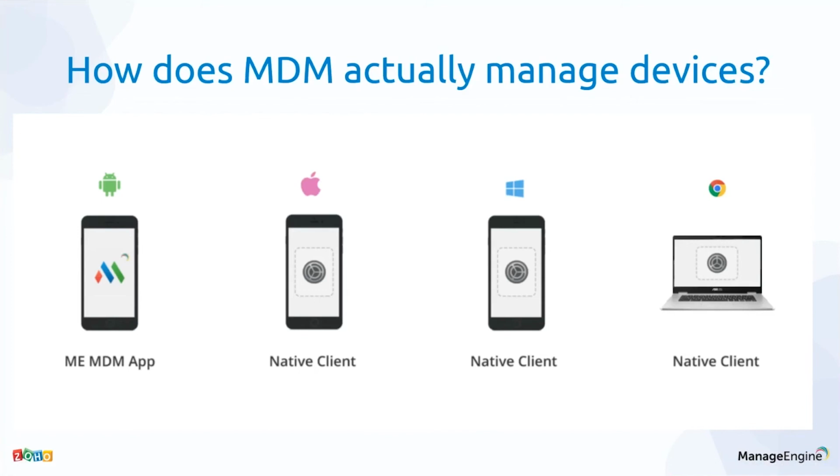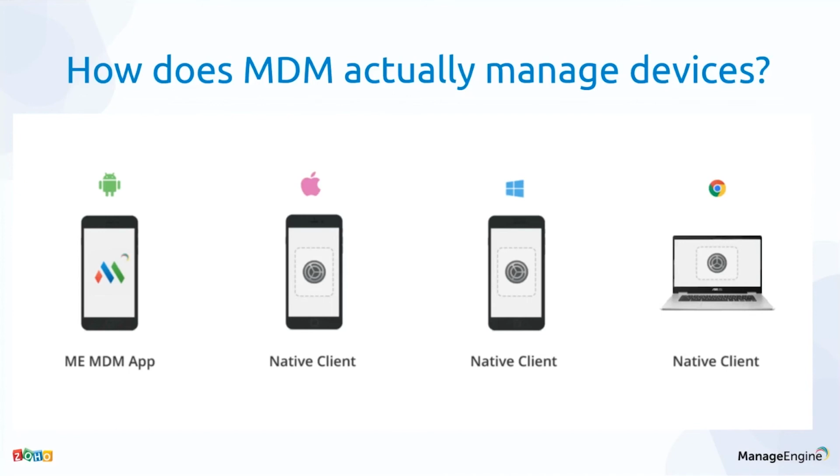When it comes to Android devices, you necessarily need to have the ME MDM app deployed. But for Apple, Windows, and Chromebooks, you don't necessarily need to deploy the application for management. We just leverage the native OS client available on these devices and take control of the management part.